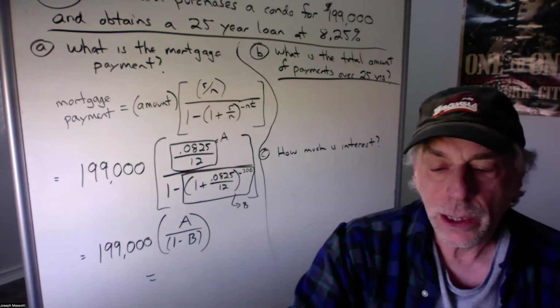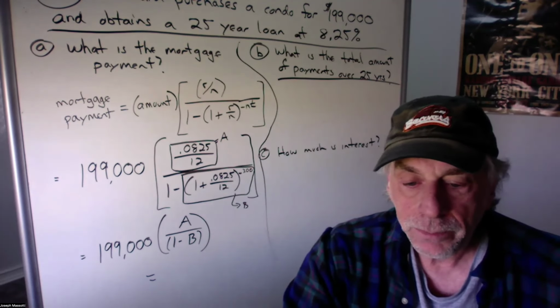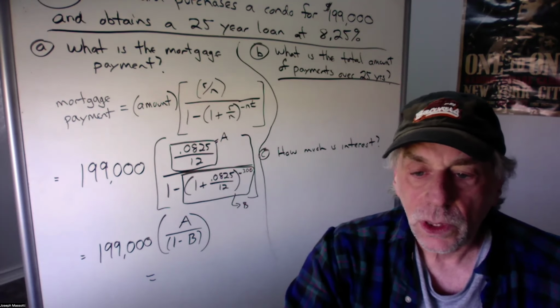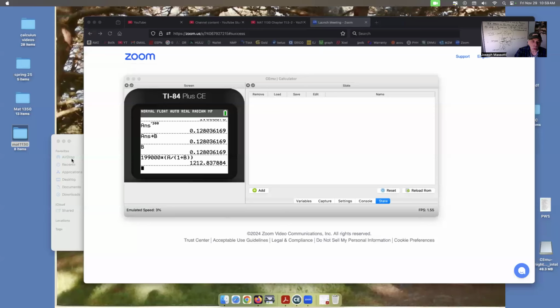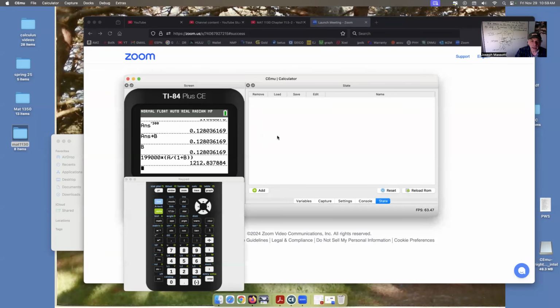So let's go to our calculator here. All right, there's our calculator. And remember, like we just said, we're going to take that rate of 0.0825 and divide that by 12, since it's a monthly payment. We get a value.